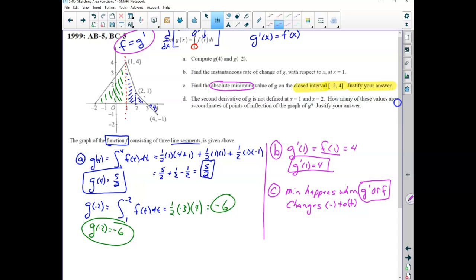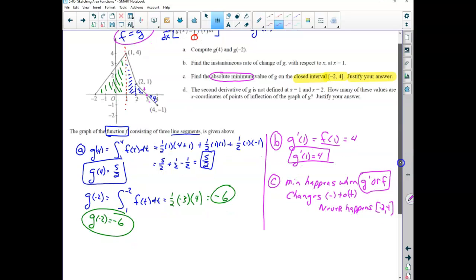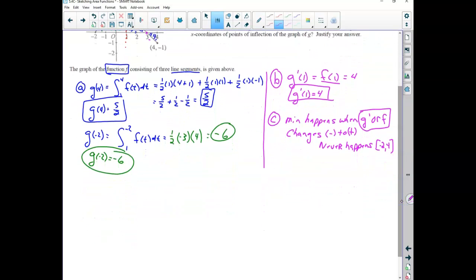If I went positive to negative, that's going to be a maximum right there as I switch sign, so it never happens. Never happens within negative 2 to 4. However, it's a closed interval, so I need to consider my endpoints. So I'm going to say, it's not an f though, it's G, because they're talking about G of things.